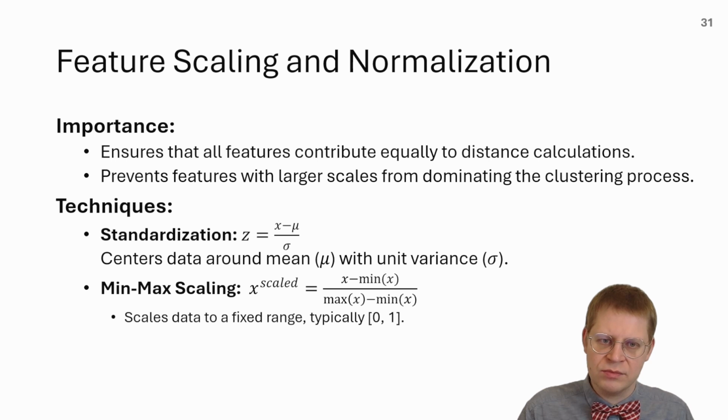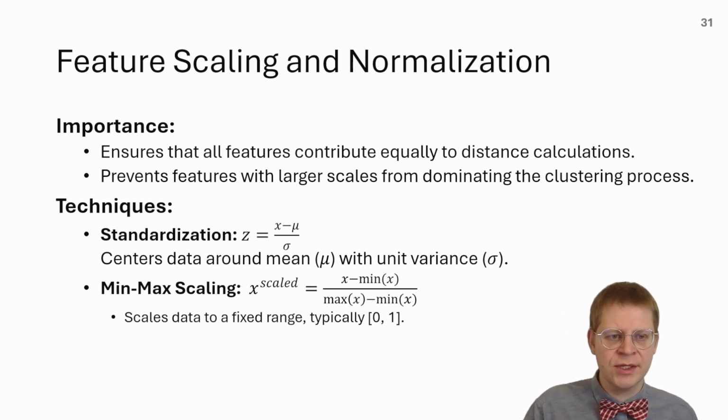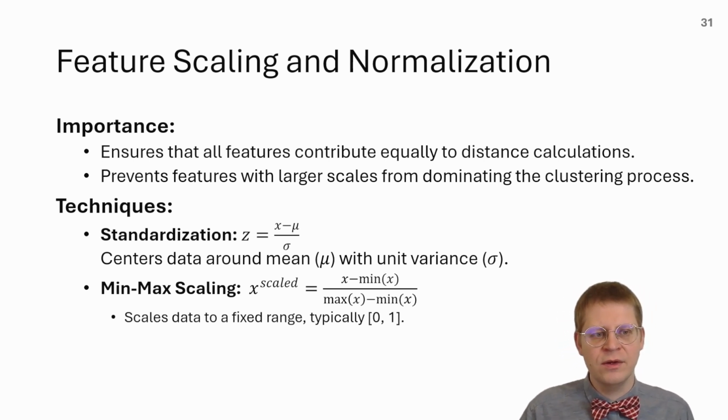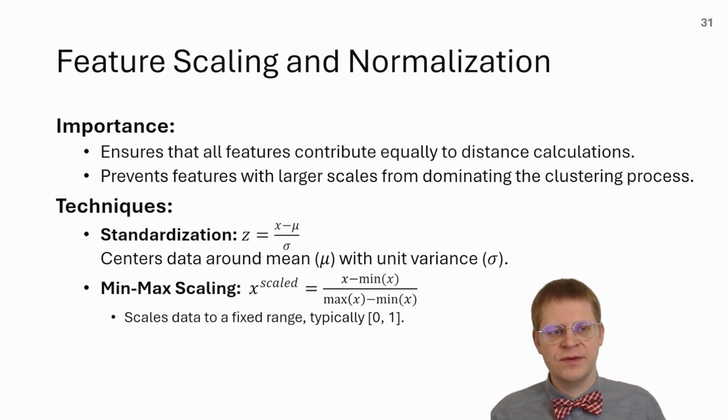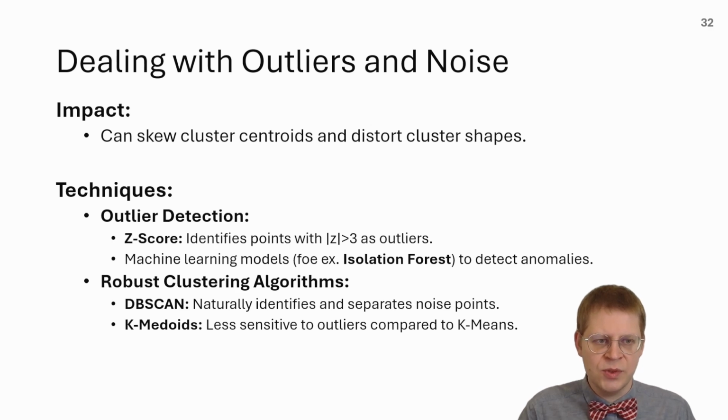Scaling is crucial in clustering to ensure that features contribute equally to distance calculations. Without scaling, features with larger ranges can dominate the clustering process, skewing the results. By scaling, we prevent features with large values from dominating. Outliers and noise can significantly impact clusters by skewing centroids and distorting cluster shapes.